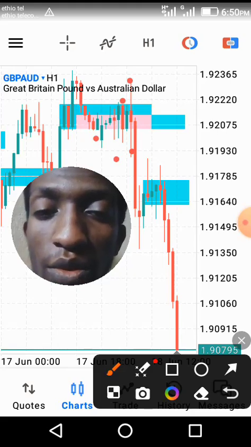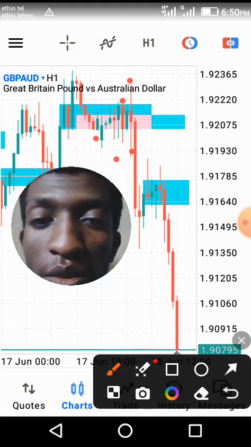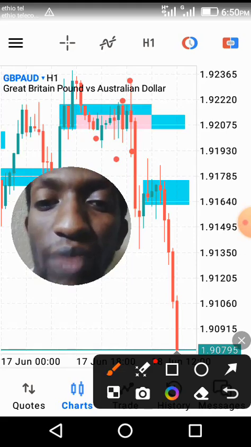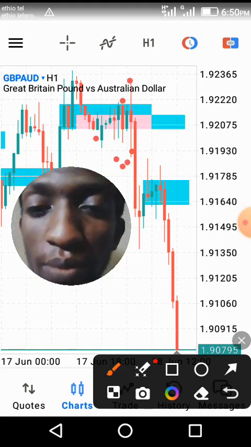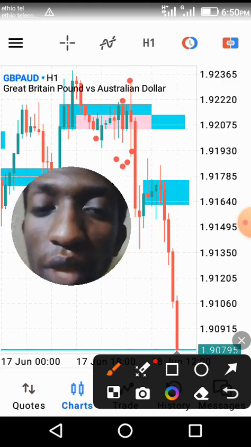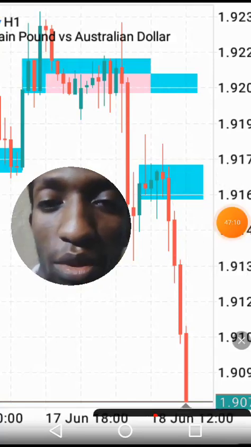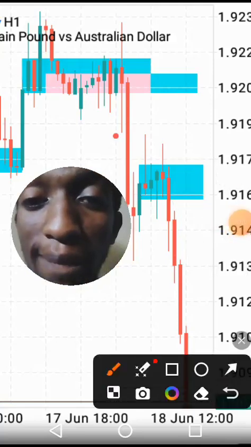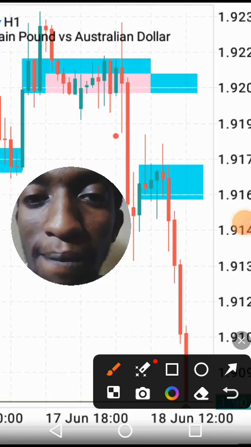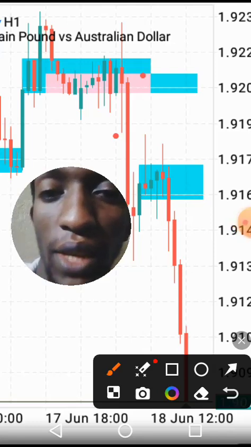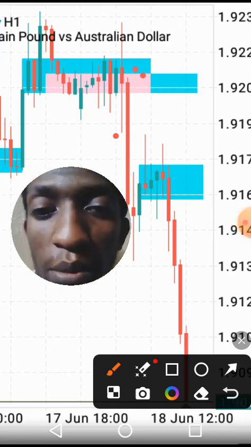So now what is the price? Now the price dumped, hitting my stop loss and dumped. Okay. Then what happened? This thing traded down, broke the downside. Then traded up. I can enter that sale.